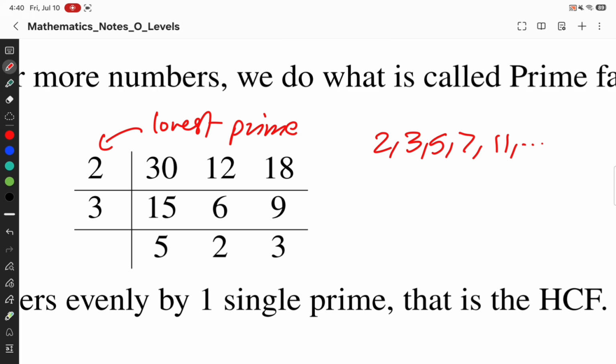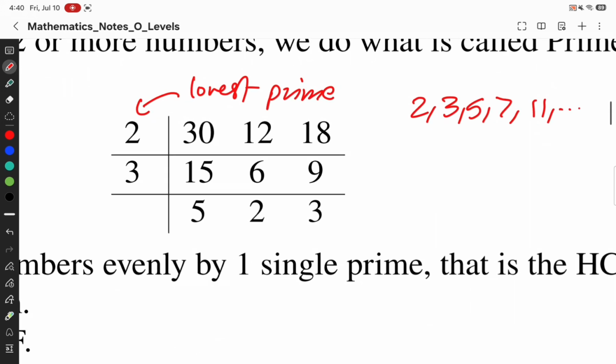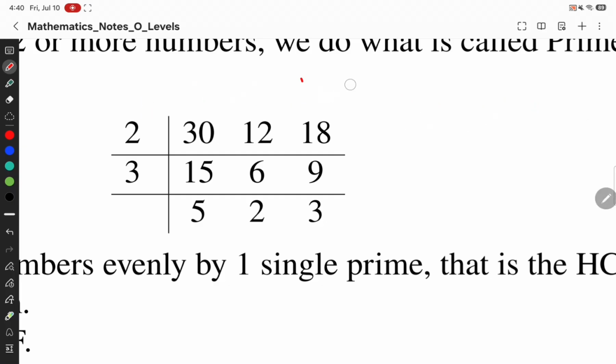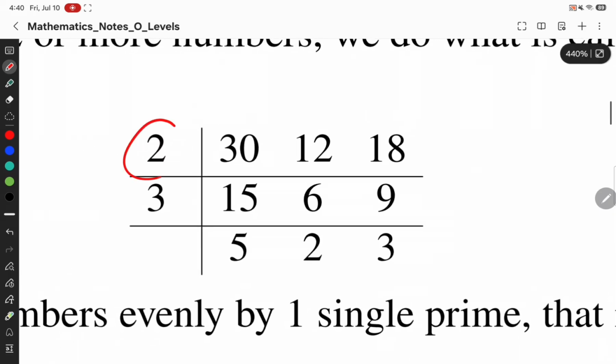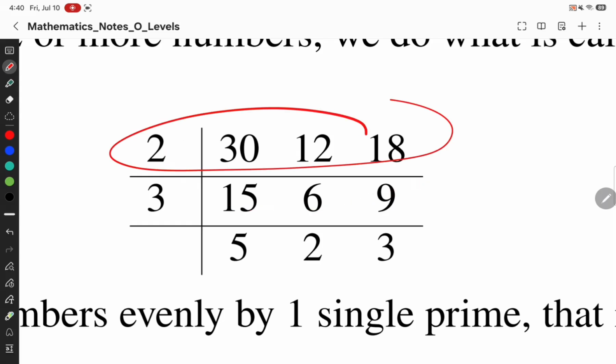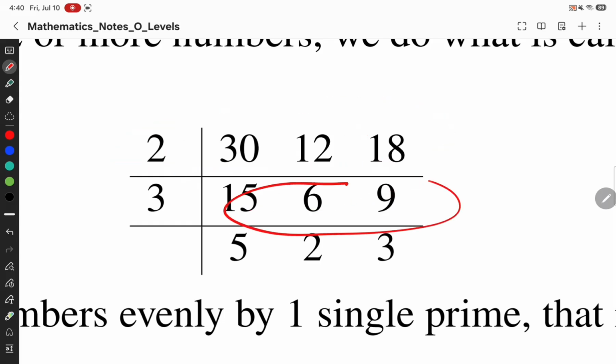I also had the same thing during my exam, I think, when prime factorizing for a quadratic. So here you will get a very small prime that can divide all 3. Here 2 can divide all 3 fine. Here I chose 3 because 2 does not work.